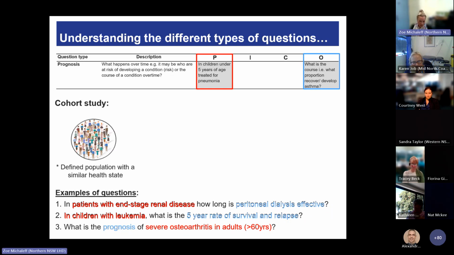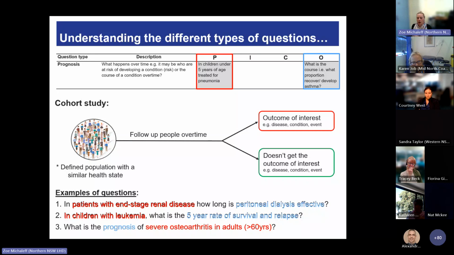So in a cohort study, you start with a defined population of people with a similar health state and a similar stage of their condition. You then follow them up over time to have a look at who develops the outcome of interest and who doesn't. And that outcome might be the development of a disease, a condition, or it might be some sort of health event like a stroke or a heart attack.